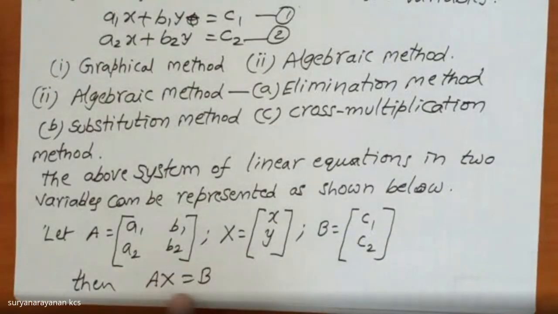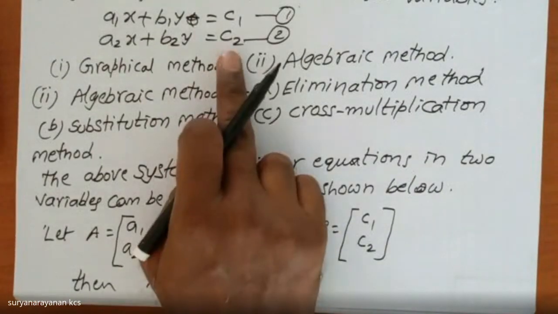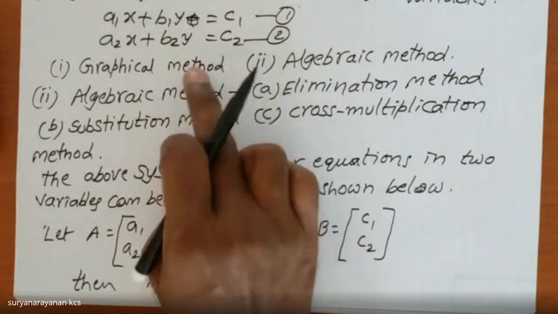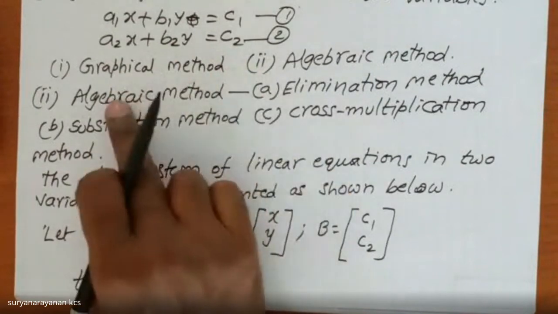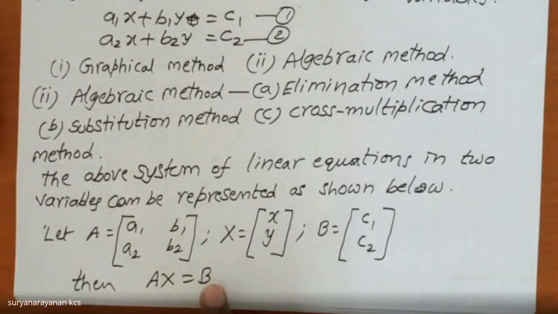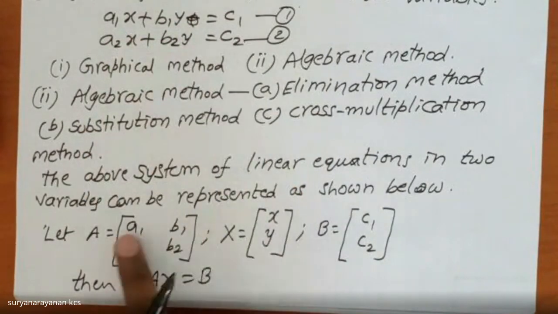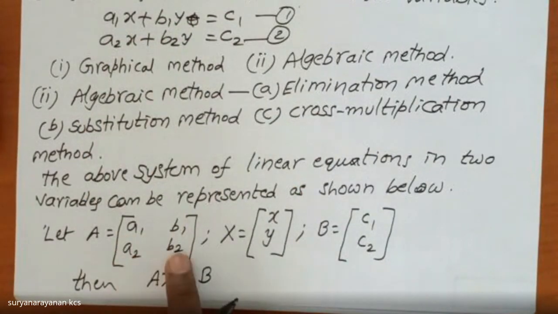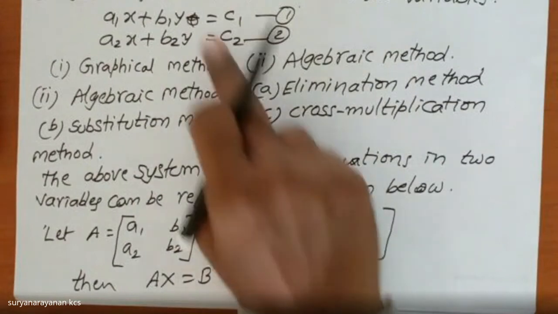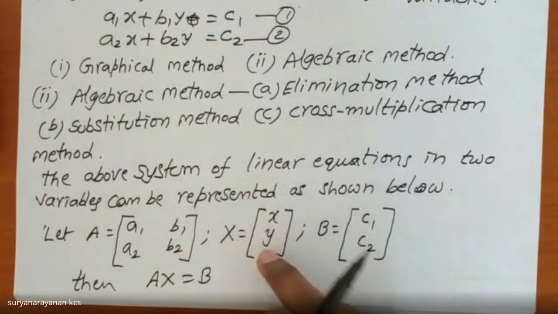So in this matrix method, we can solve the system of linear equations. In addition to the graphical method and algebraic method, we are using matrix method. By using matrices, we solve this system of linear equations in two variables. First, we wrote the coefficients of x and y in both equations as first row and second row elements. The variables involved in these two equations, x and y, we wrote as a column matrix.